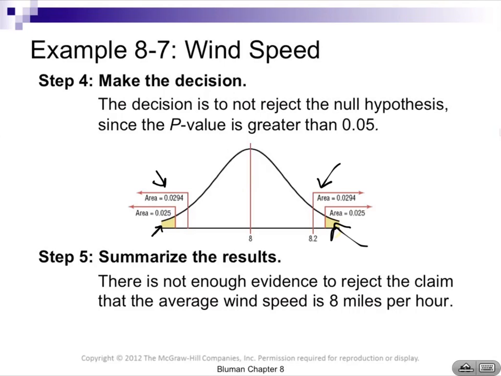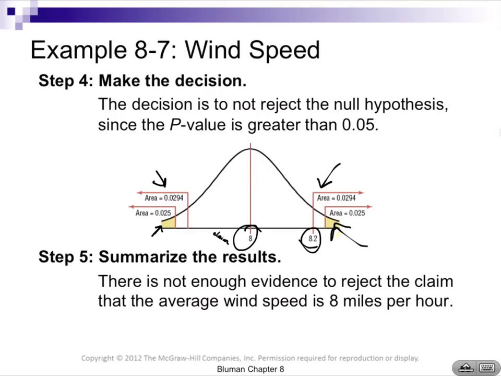Now, our null was 8. Our null was our claim, which is very different than what we're used to looking at. So our null is our claim, and the sample mean is 8.2.